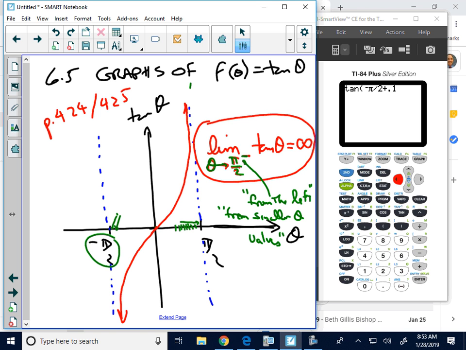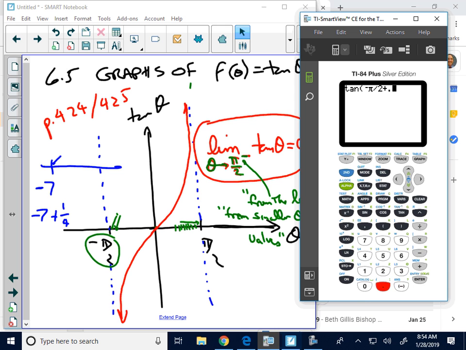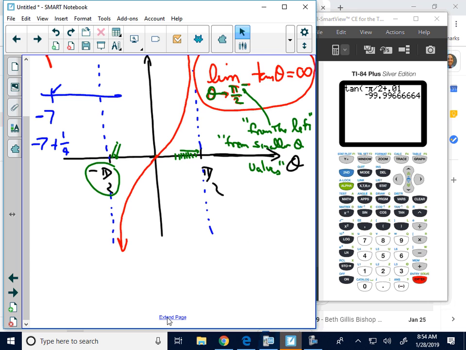I mean, if the pi over 2 bothers you, suppose you just had a number line and this is negative 7, and I want some number a little bit to the right of negative 7. That might be negative 7 plus a quarter. Right? Doesn't it go to the right just a little bit? Okay. So let's go to the right, this time just maybe 0.01. And now the tangent's negative 99. This fact is true. This tangent graph goes down to negative infinity.